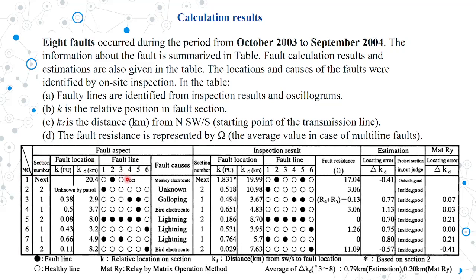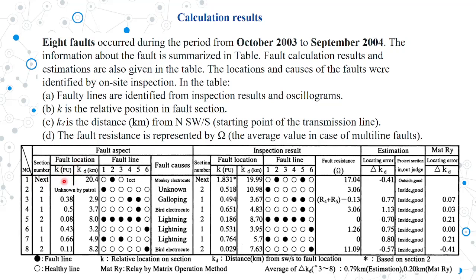When we have 6 terminals, we are using a double circuit. For one circuit we have 3 terminals, and for the other circuit we have 3 terminals, like 1, 2, 3, and 4, 5, 6.